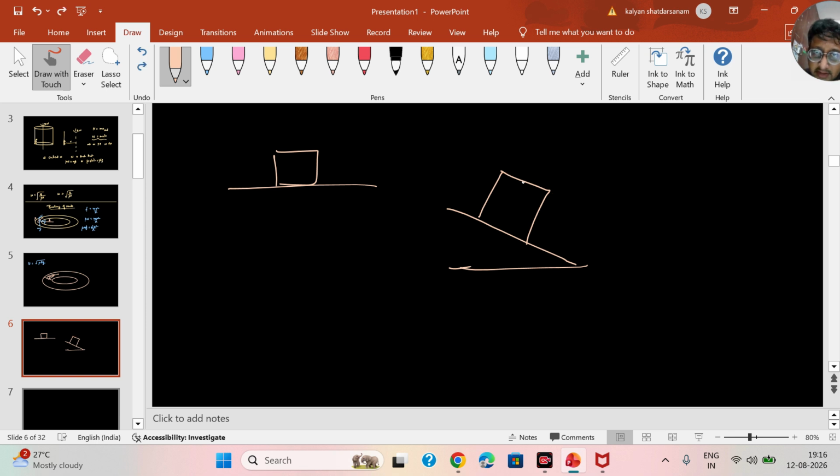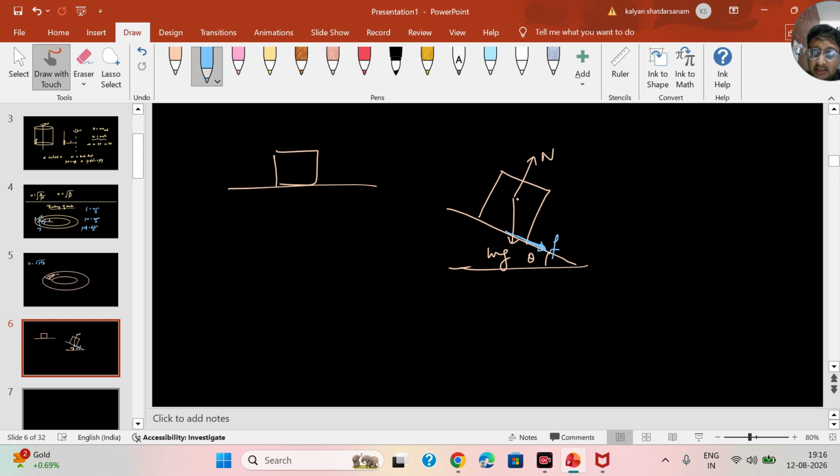What are the forces on it? Let's try to draw them. There is now N. Suppose this road is tilted by an angle theta. There is N, there is mg. And of course now there is friction this way, static friction which is acting, assuming that this bus is not skidding.